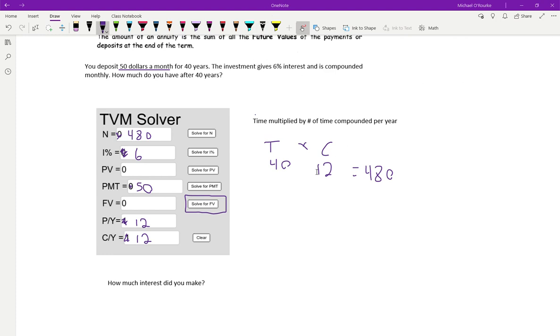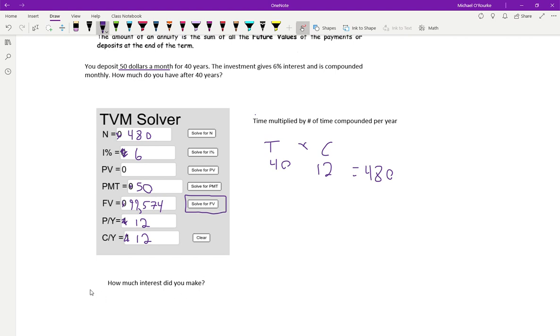So this is 480. We have 6% interest. We have a payment of $50. We have 12 and 12. These are always going to be the same down here. And then to figure it out, we're just going to press solve for future value. Our future value is 99,574. That's my total. So that's my future value.